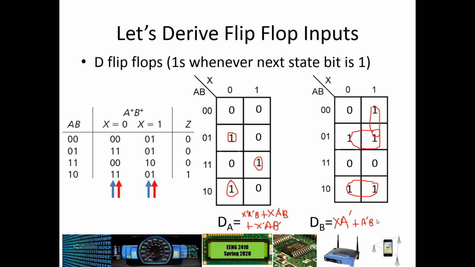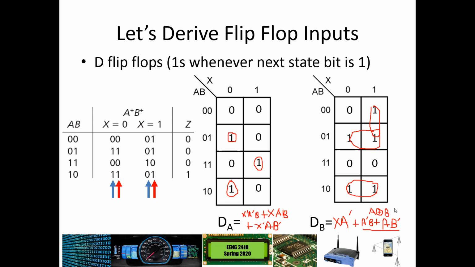And then the bottom row is going to be A, B prime. And actually, as it turns out, these right two terms are just the same as A exclusive OR B. So you could have A XOR, which we will indicate with a plus inside the circle, and B. So this is our logic if we chose to implement this with D flip-flops.